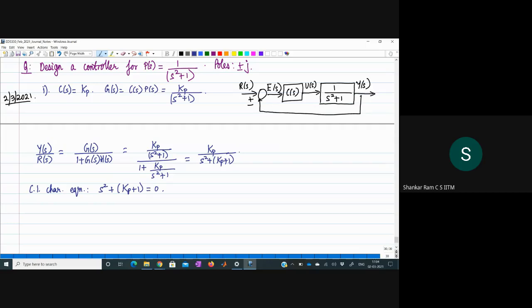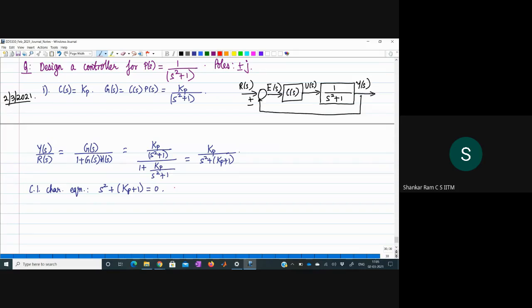If the coefficient of s is 0, we will not be able to make the closed loop system a stable system, from the Routh criteria, because the necessary condition for Routh stability will not be satisfied.